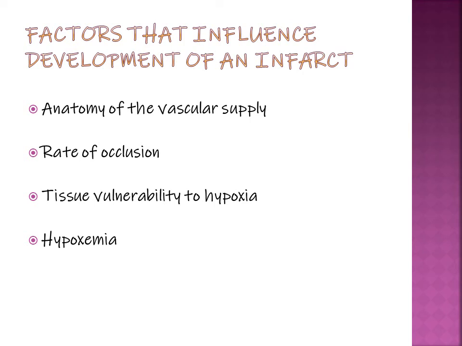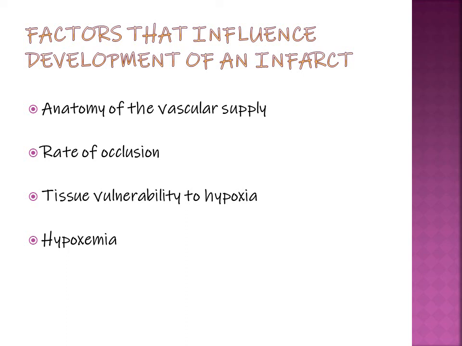Similarly, the myocardial cells can undergo irreversible damage from tissue ischemia and hypoxia if they are deprived of blood for about 20 to 30 minutes. The next important factor is hypoxemia. Hypoxemia, that is abnormally low blood oxygen, increases both the likelihood and the extent of the infarct.